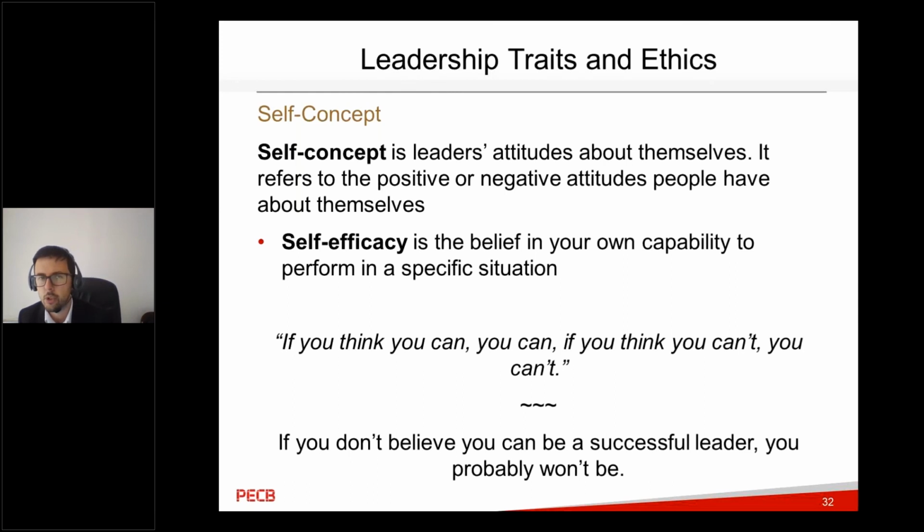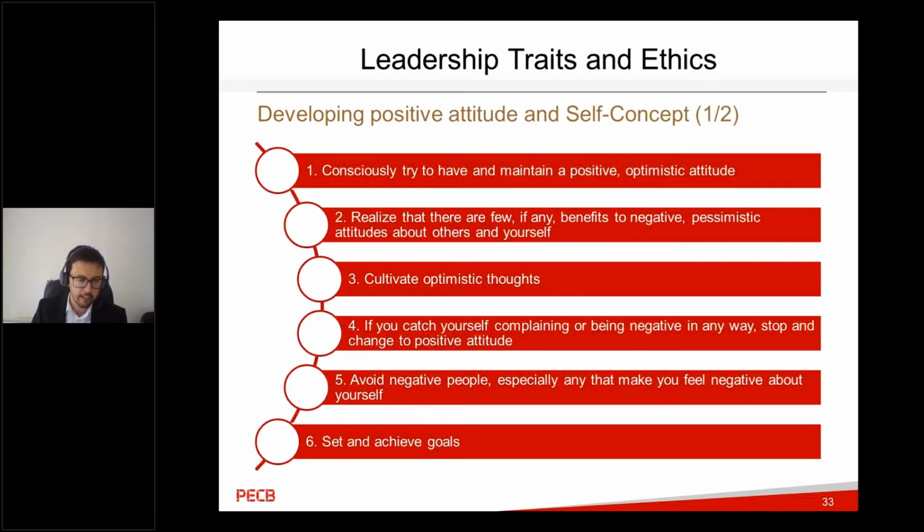There is much truth in the following proverb: if you think you can, you can. If you think you can't, you cannot. So if you don't believe that you can be a successful leader, in fact, you probably will not be. Are there any ways that we can improve this positive attitude and self-concept?